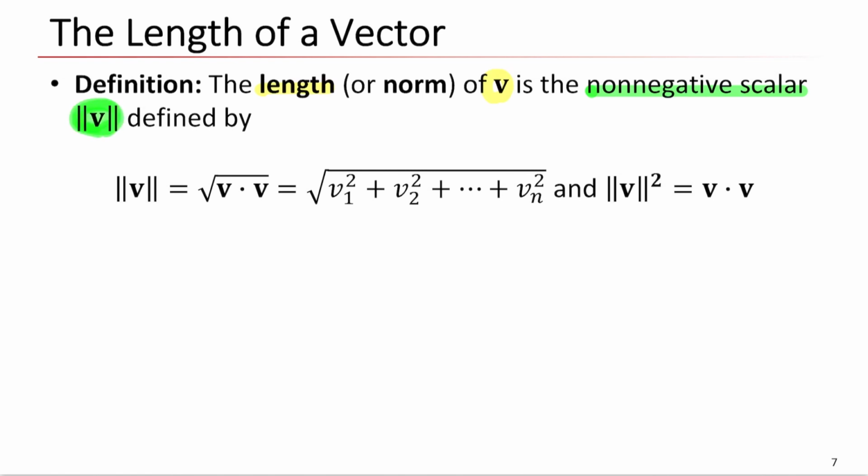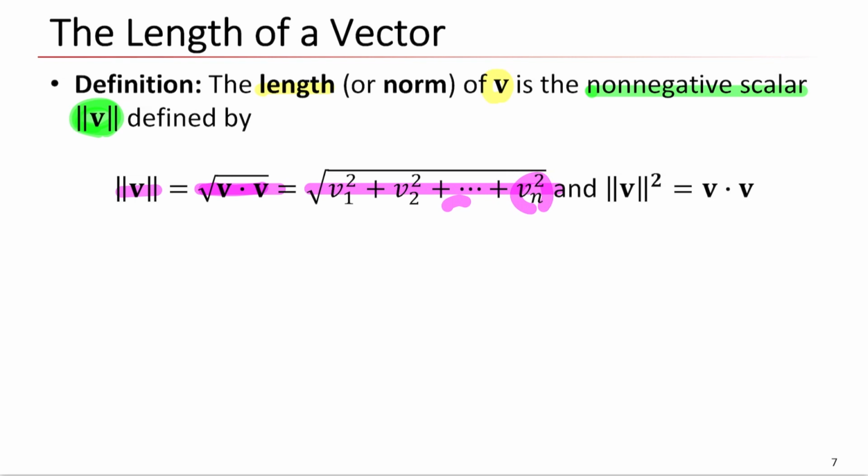This is the notion of the length, defined here: the length of v is equal to the square root of the inner product of v and v, or v dot v, which is equal to the square root of v1 squared plus v2 squared plus and so on up to vn squared.